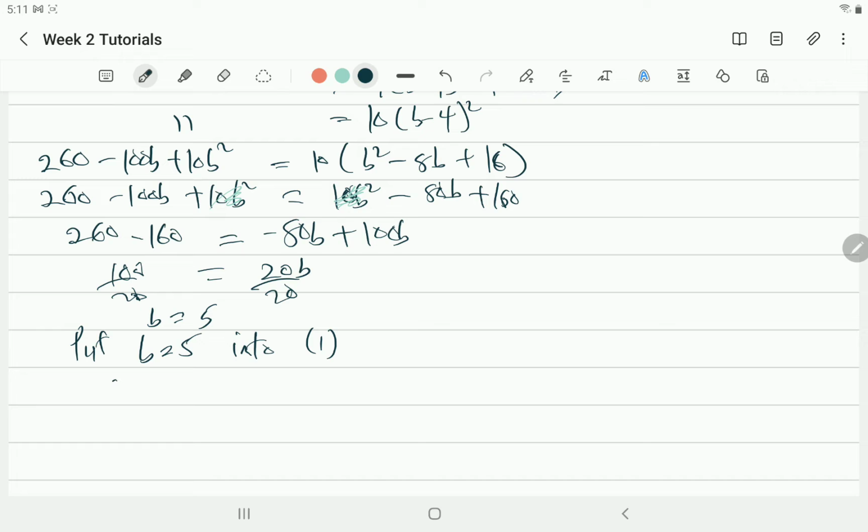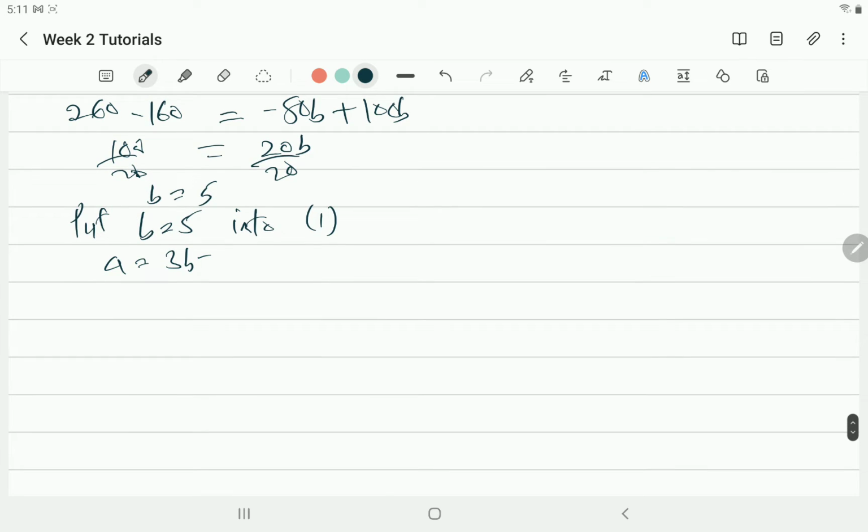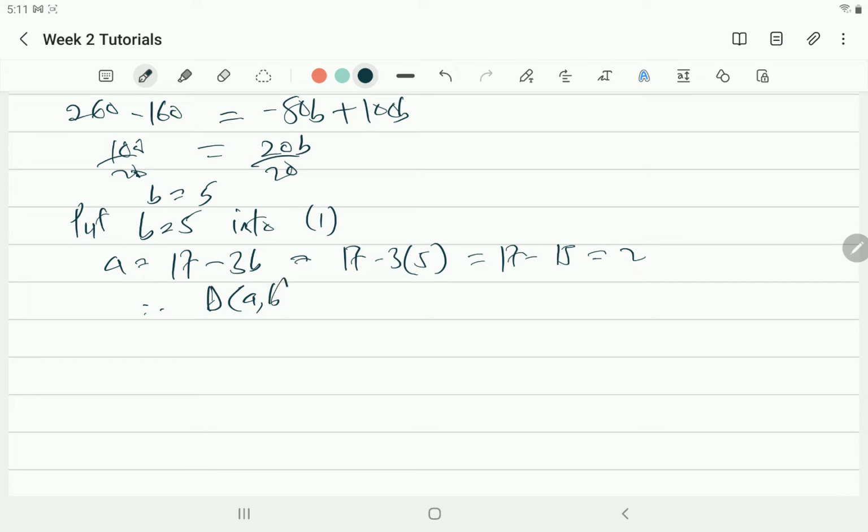And equation 1 was a is equal to 17 minus 3b. So 17 minus 3b is going to be 17 minus 3 times 5, which is 17 minus 15, and that is what, 2. So therefore our point D, which we knew as AB, is now going to be 2, 5, right?